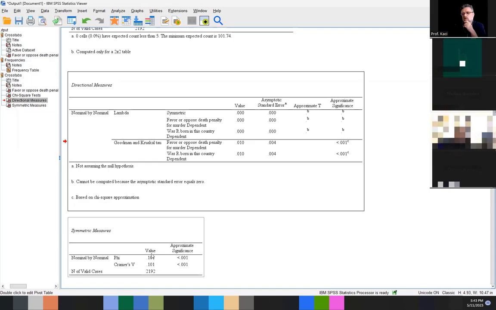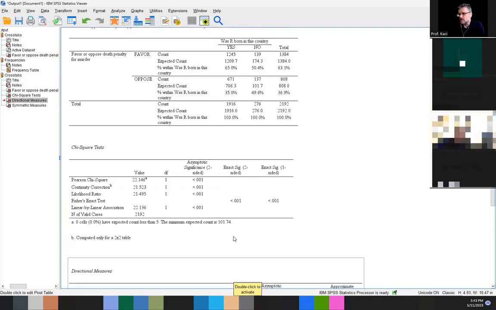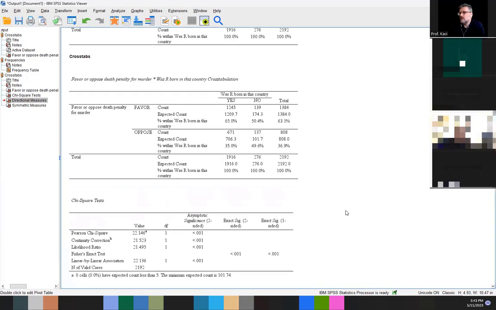Phi is only 2 by 2. In this case, it's the same. So it's a practically weak association, even though statistically it is very strong. Okay, so that's all we can say here about these two.